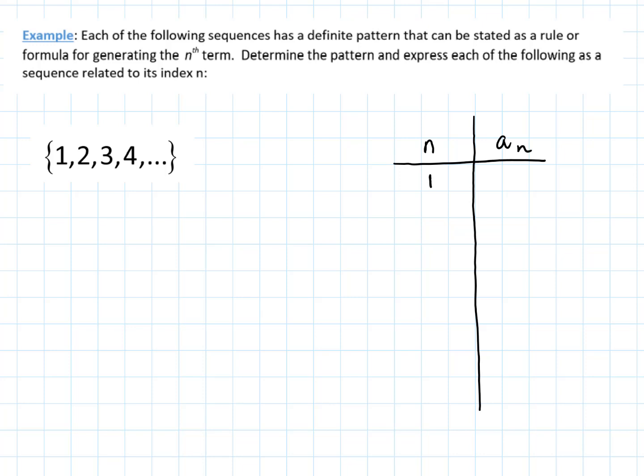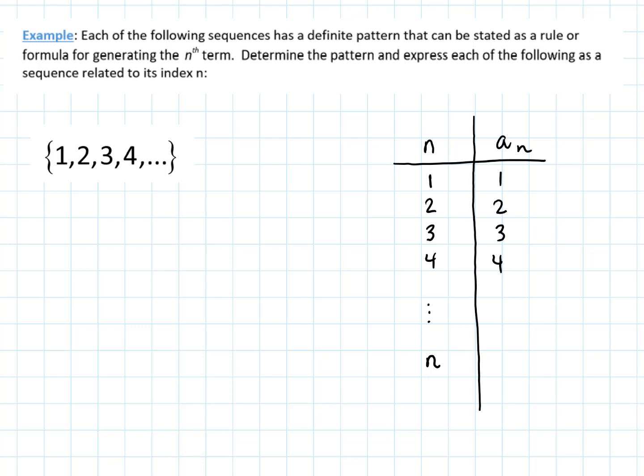If we just start the index 1, 2, 3, 4, and we can go as far as we need to. I don't think we'll need that many terms. Some of you are probably looking at that and saying, I know what the pattern is already. But if we take our index here and then we just list out the terms, the terms here were 1, 2, 3, 4, and so forth. Actually, we don't even have 5 on that term.